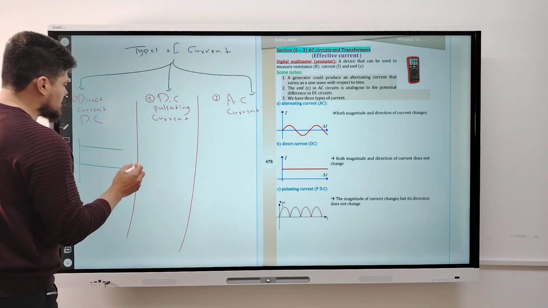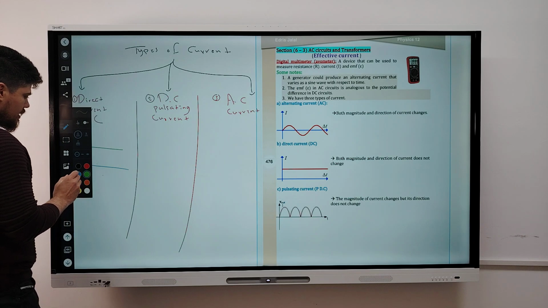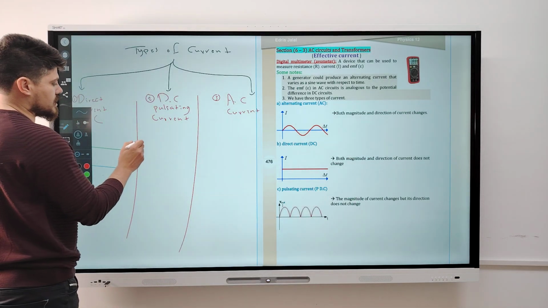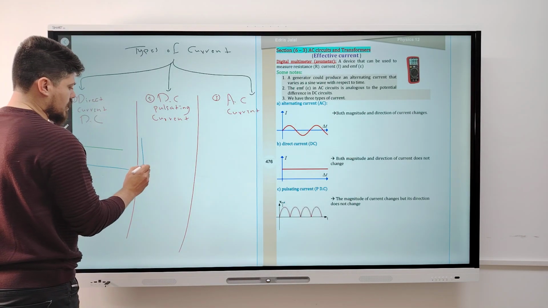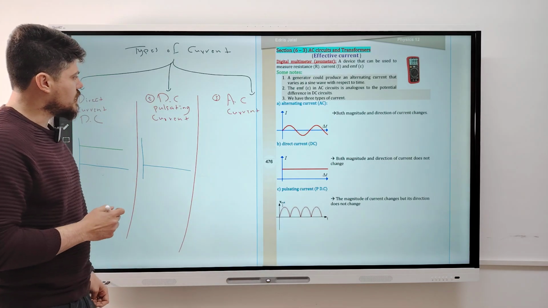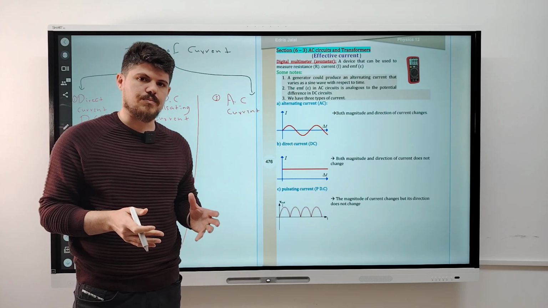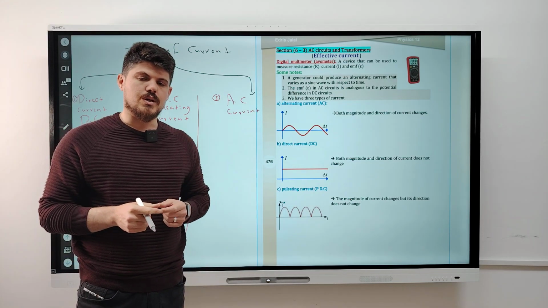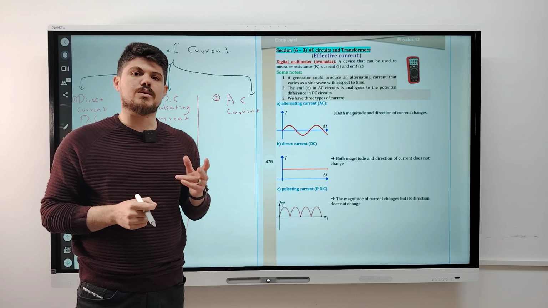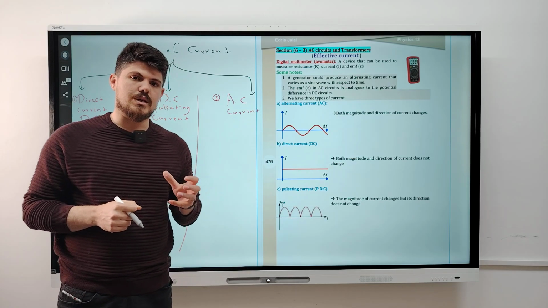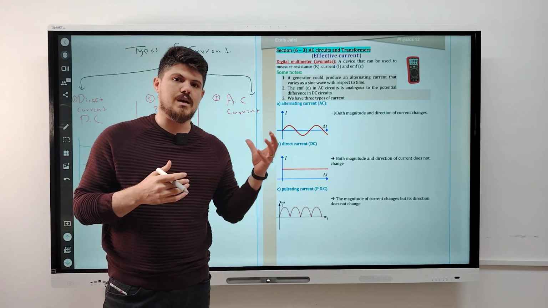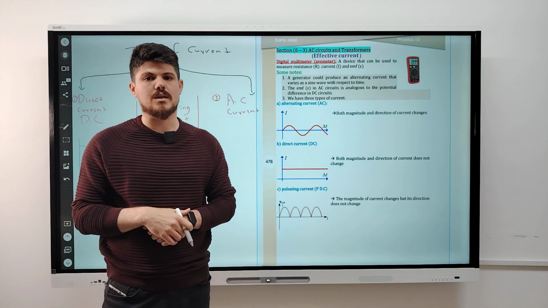Okay. The second type of the current is DC pulsating current. As you learned in the DC generator, the components are the permanent magnet, the conducting loop with the commutator and the two brushes. This commutator can be used to convert AC current to DC pulsating current.